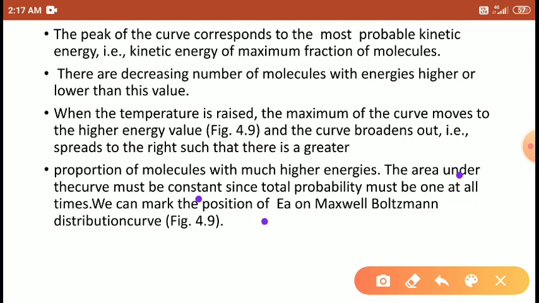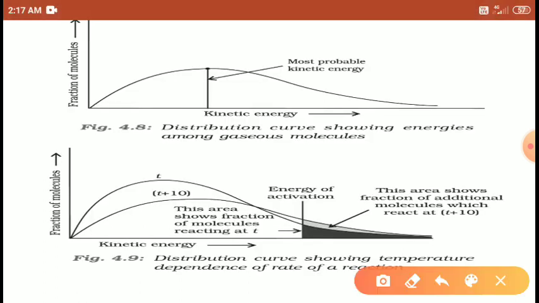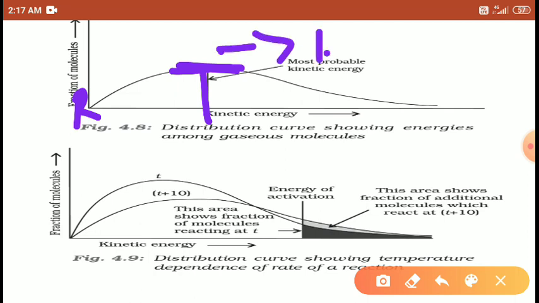We mark the position of Ea on the Maxwell distribution curve. Look at the graph, students. When the energy reaches the maximum level, the molecules have high energy.